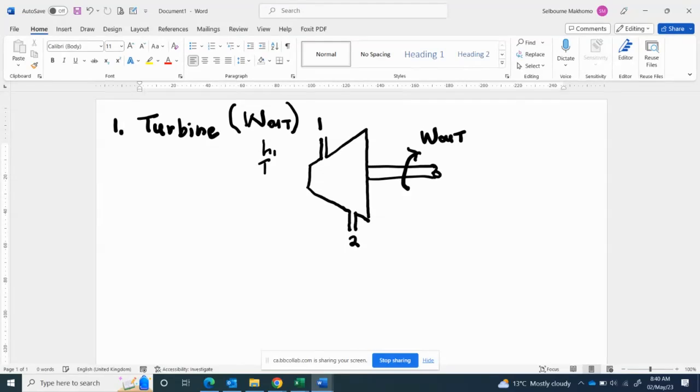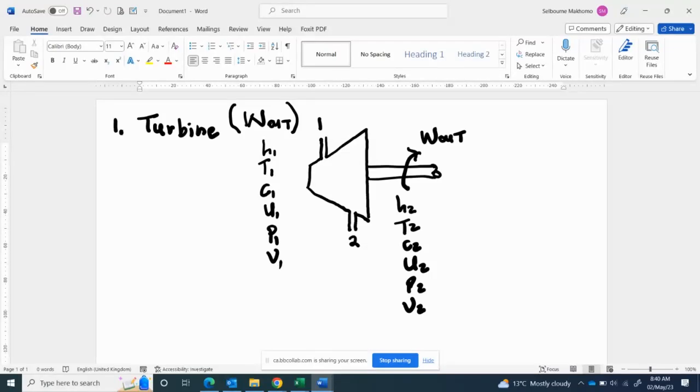We are going to have temperature at the inlet, velocity at the inlet, internal energy at the inlet, pressure at the inlet, and a specific volume at the inlet. Similarly, at the outlet, we are going to have the same properties: H2, T2, C2, U2, P2, and specific volume at 2.